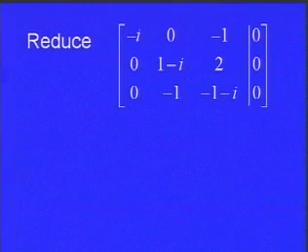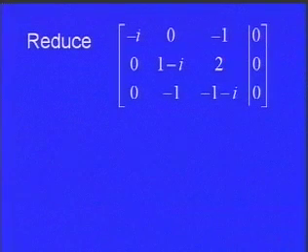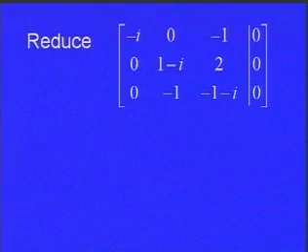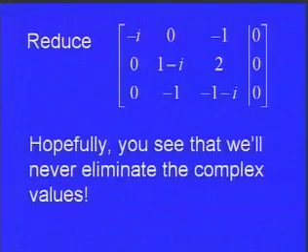So I would need to multiply by something across the first row that's going to give me a 1 where the negative i is. Now I'll save all that sort of thing for the differential equations class you're about to take. What I wanted you to see, though, was that we will never really eliminate the complex values. And as a result, our eigenvectors will also be complex. Okay, so a complex eigenvalue leads to a complex eigenvector.